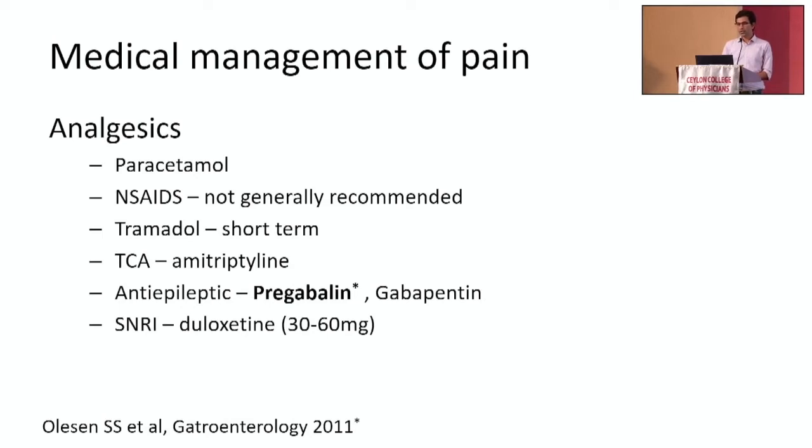Out of the adjuvant analgesics, tricyclic antidepressants, antiepileptic drugs including pregabalin and gabapentin, and serotonin norepinephrine reuptake inhibitors like duloxetine can be used in combination with paracetamol or short courses of tramadol. Out of these drugs, pregabalin is the only drug which has undergone a randomized control trial with proven efficacy.